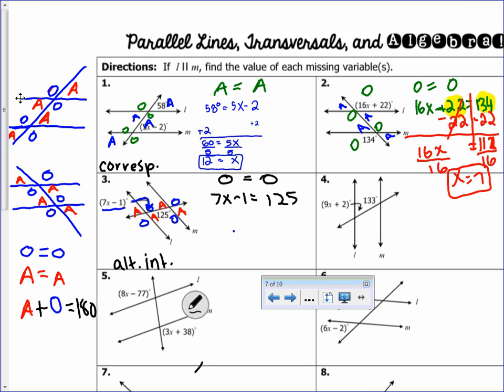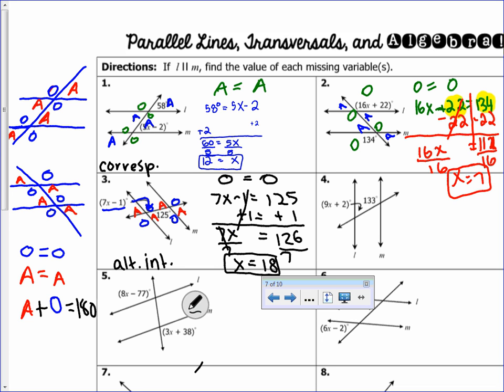I'm going to add 1 on both sides. 7x equals 126. Divide both sides by 7, and x equals 18. Here's my final answer.